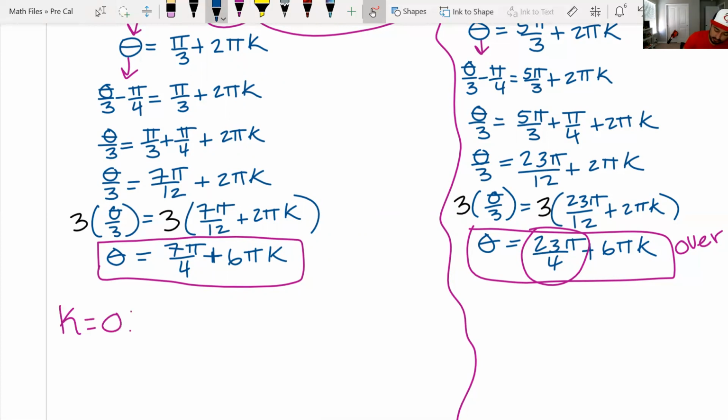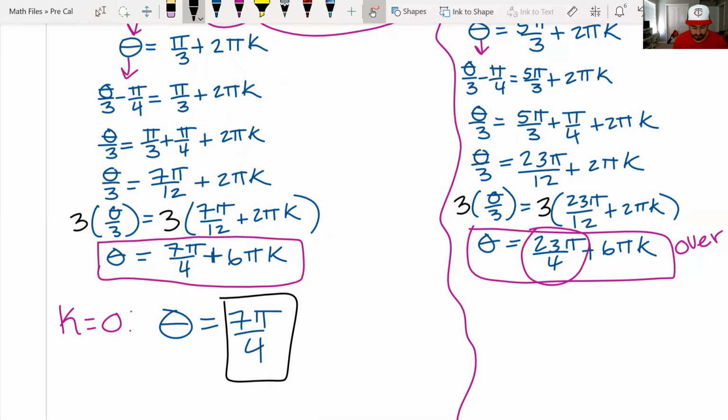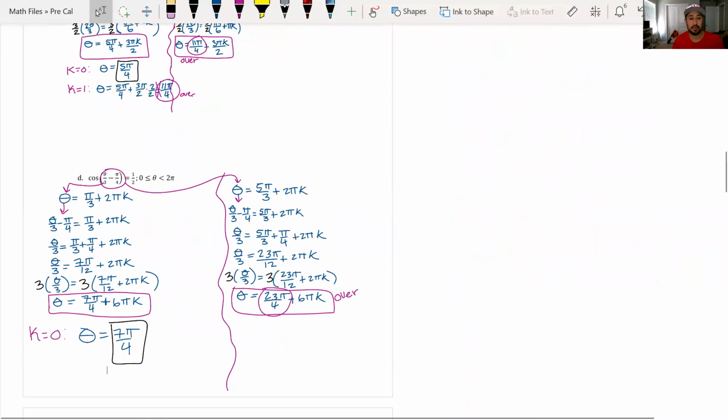Let k equal 0, and you'll get theta is 7 pi over 4, and that's it. If you choose 1 for k, it's going to put our first general solution over. So that's where that one finishes.